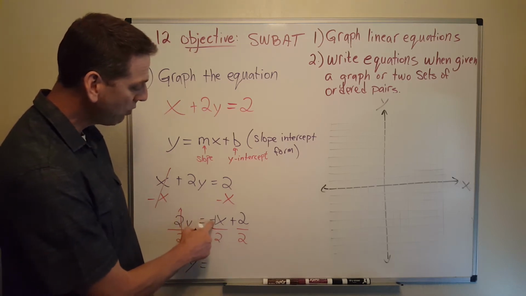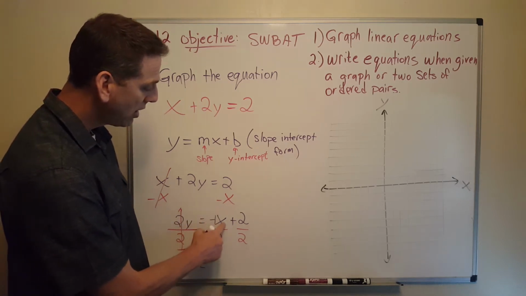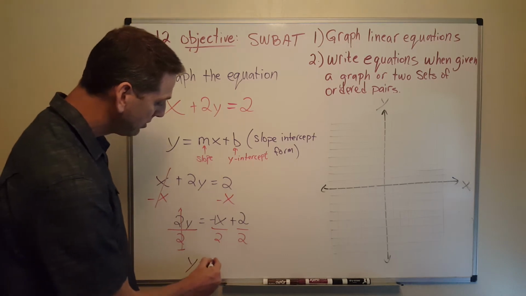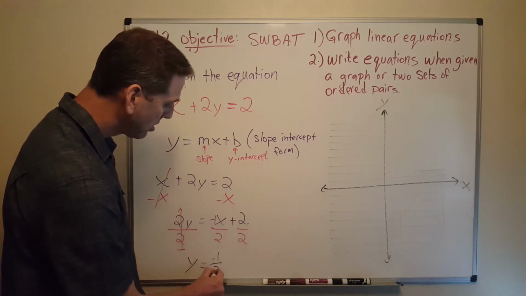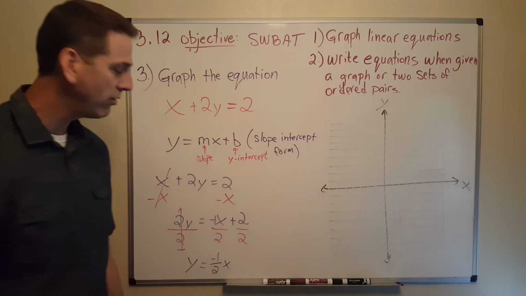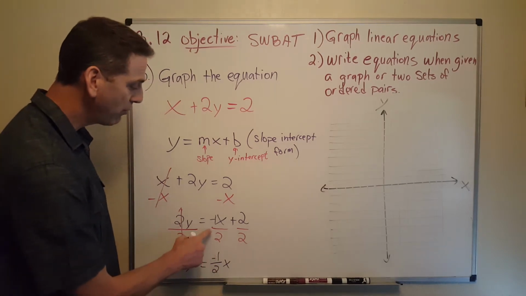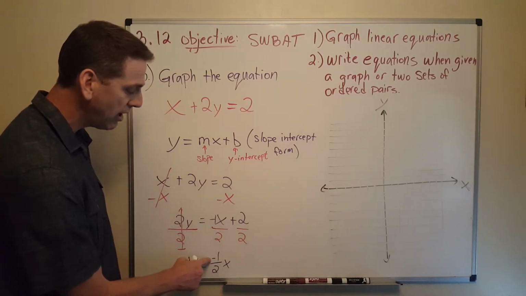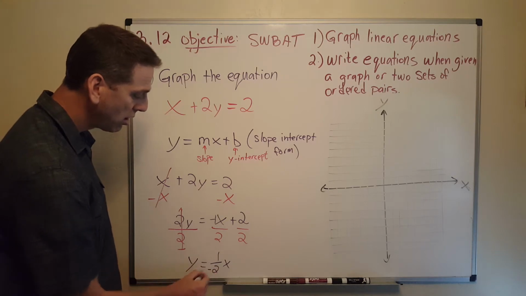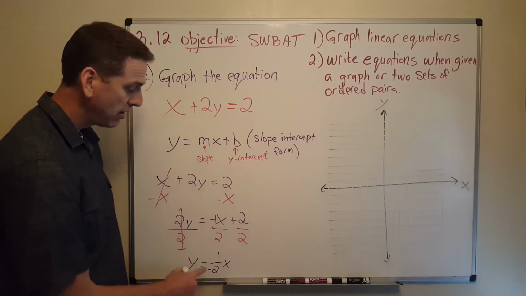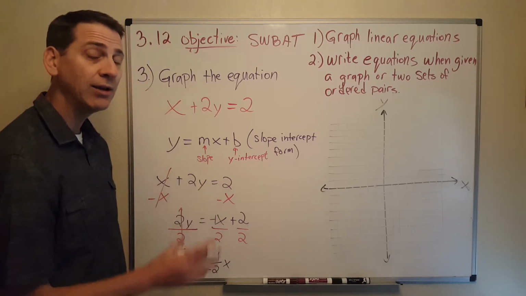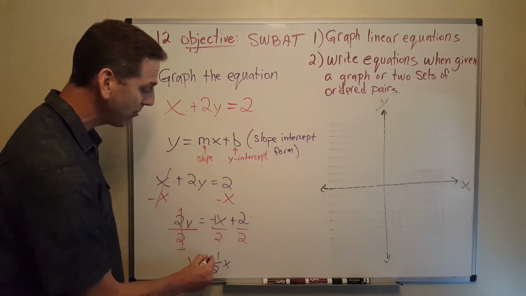I have negative 1 over 2x. In case you're wondering, it doesn't matter where I put the negative. I could put the negative on the top, or I could put it on the bottom. Either one is fine, but don't put it on the top and the bottom.